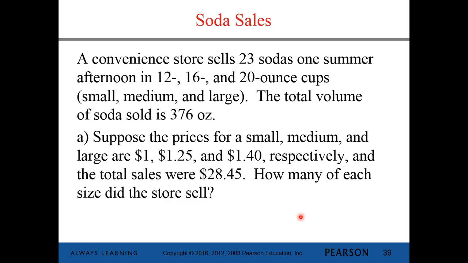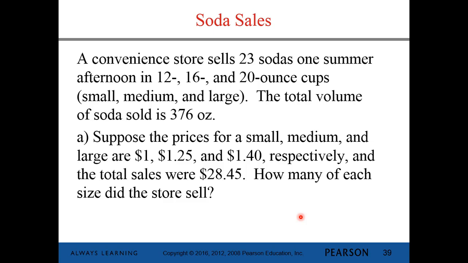So the question is, how many of each size did the store sell? Well, we know how many sodas there are. We know the total volume of the sodas that was sold, and we know the price of each soda and the total sales.